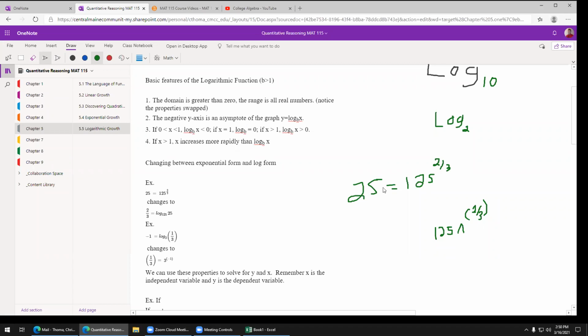But if I want to change this into log form, the way you change this into log form is you take the exponent and you move it over here. So now I get 2/3 equals, and I now put in the log, and then 125 becomes the base of my log, and I am going to take the log of the number 25.